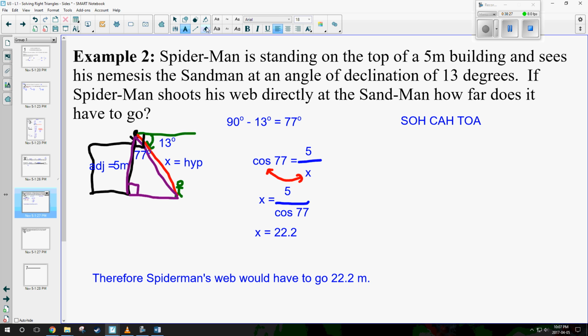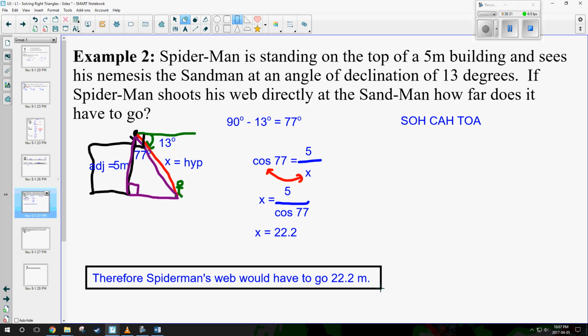That would be our therefore statement. And don't forget, those therefore statements are worth communication marks, as well as having the proper measurement with your final answer.